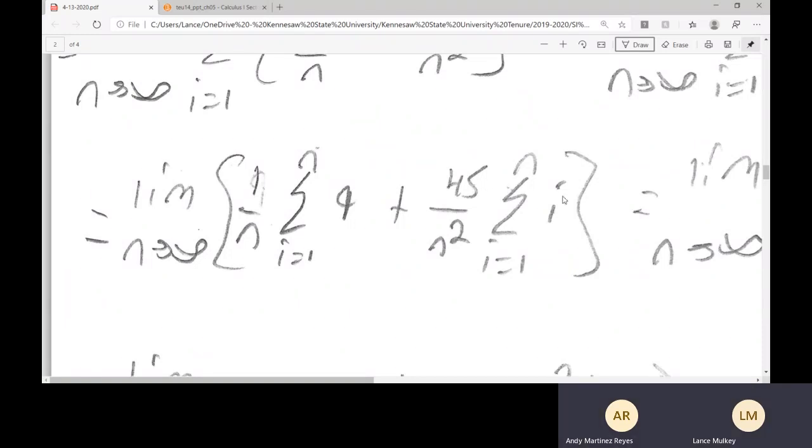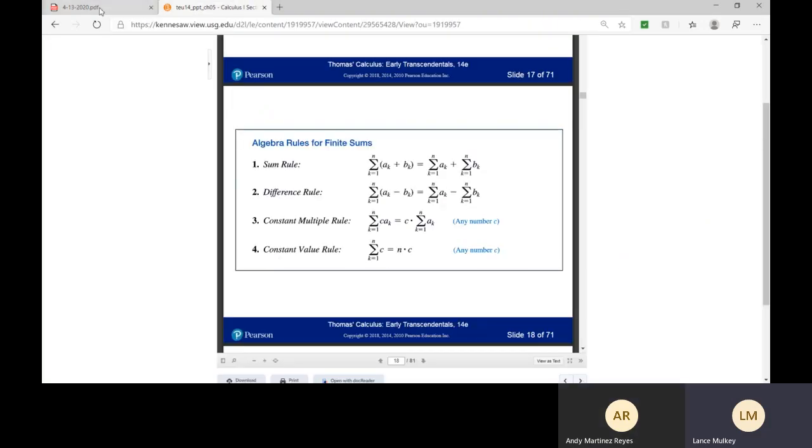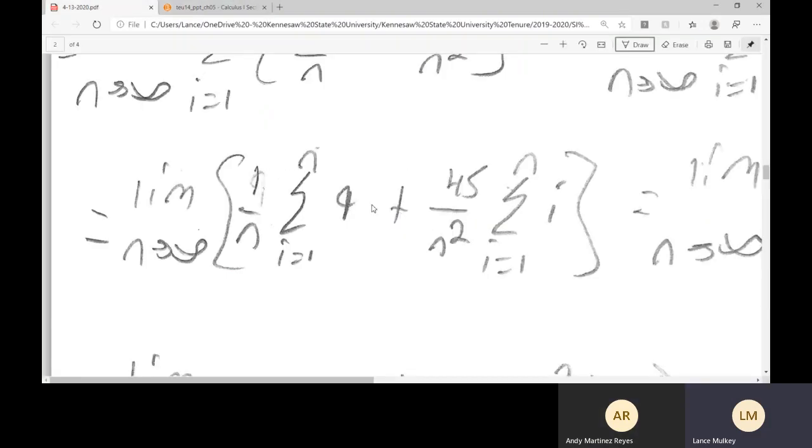You remember the formula for i? All right, hang on. Let's start off with this one. This rule, get rule number 4. So this whole thing turns into the constant multiple rule, 9 times n.